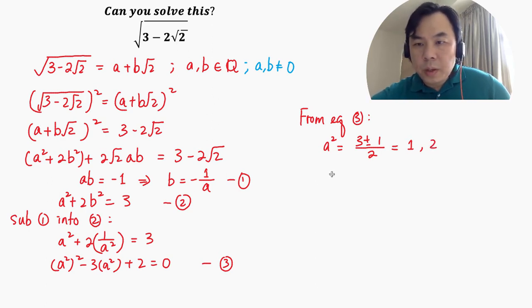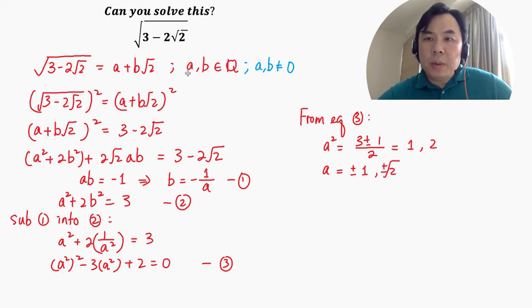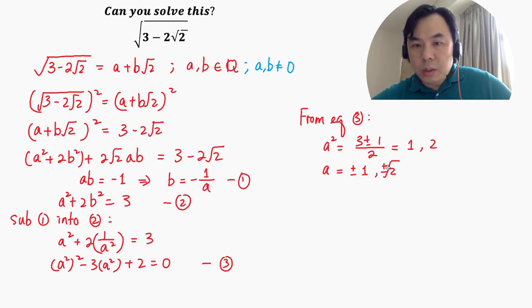And in this case, I found that my A would be plus or minus 1, or plus or minus surd 2. But I have defined my A and B to be some rational numbers, therefore I'm going to ignore this surd 2.